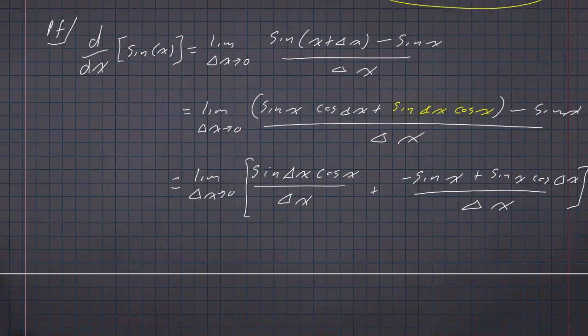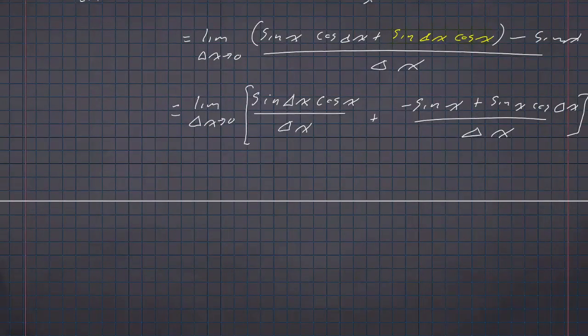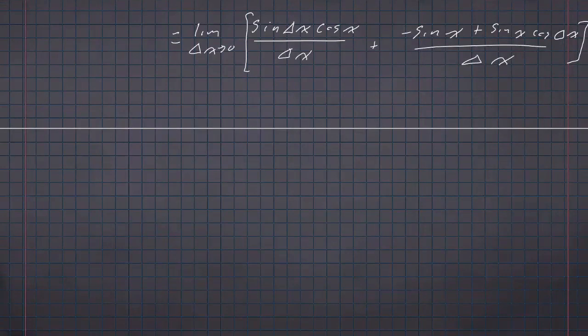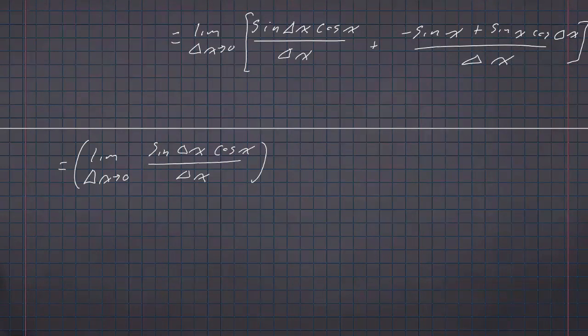Of course, the limit of a sum is the sum of the limits. So I can split this up and separately look at the limit as delta x goes to 0 of sine delta x cosine x all over delta x. And here I'm going to do one more creative thing, and that's factor out a -1.